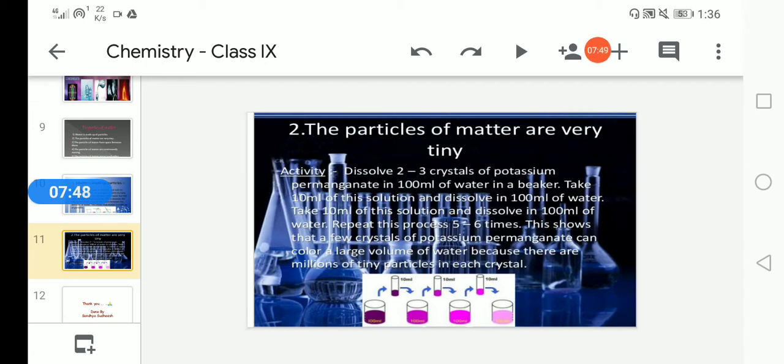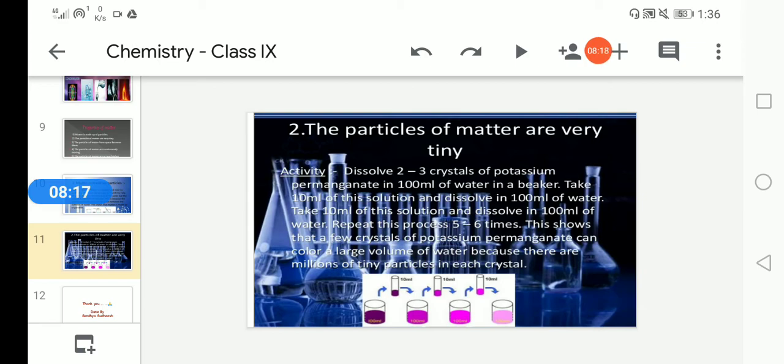Then what we have to do is take 10 ml of this solution from the first beaker and pour it into the second beaker. Then add 90 ml of water into the second beaker so that its total volume will be 100 ml.